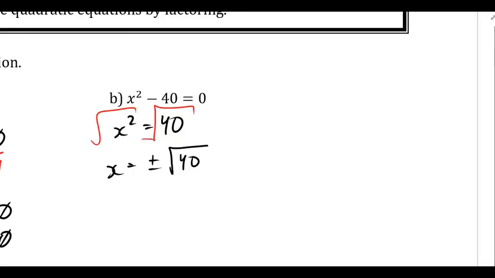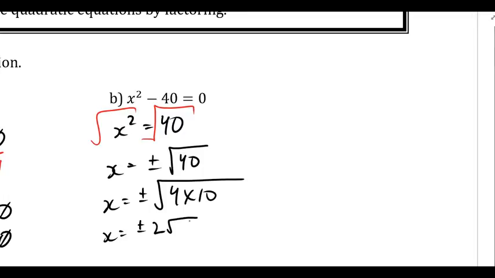And if this was a question where it was just like solve, give fully reduced exact answers, then I would have to continue: plus minus the square root of 4 times 10. That gives me 40. And x equals plus minus square root of 4 is 2, and then times the square root of 10. That would be the fully reduced exact answer.